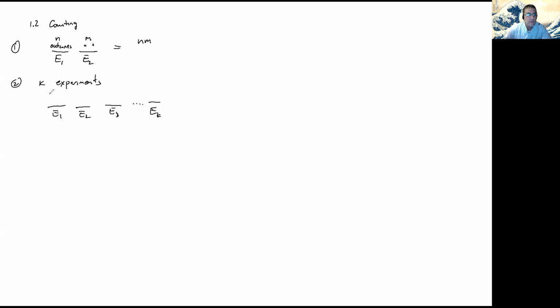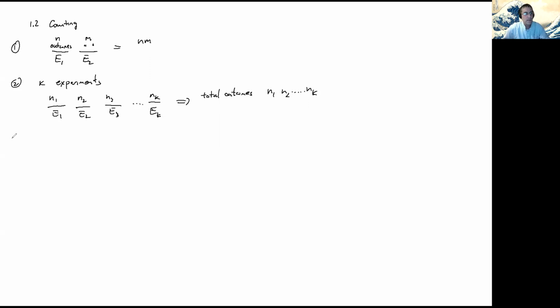E1 has N sub 1 possible outcomes, E2 has N sub 2 possible outcomes, E3 N sub 3, all the way up to N sub K. So the total number of outcomes of all the experiments is going to be N1 times N2 all the way up to N sub K. I'm sure many of you have already seen this in your previous math classes. That's the basic counting rule, or the product rule for counting, you might want to call it.